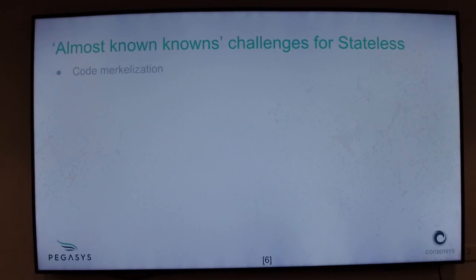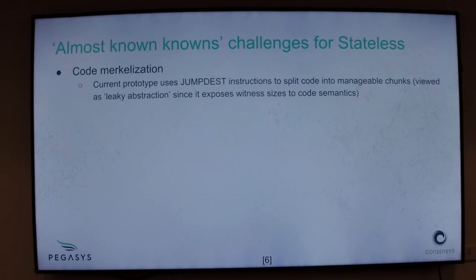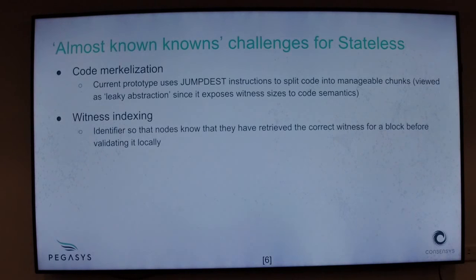The almost known unknowns is the code merkleization. The current prototype uses the jump test instructions to split. Then witness indexing, which is quite interesting, is an identifier so that nodes know that they've retrieved the correct witness for the block before validating it locally.